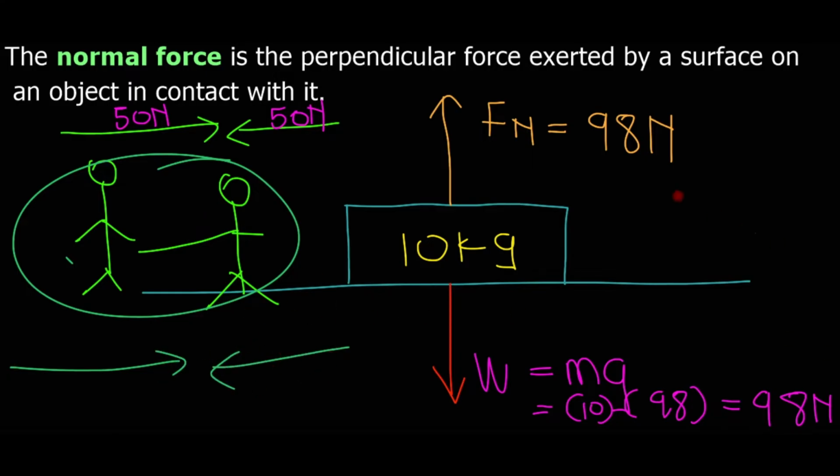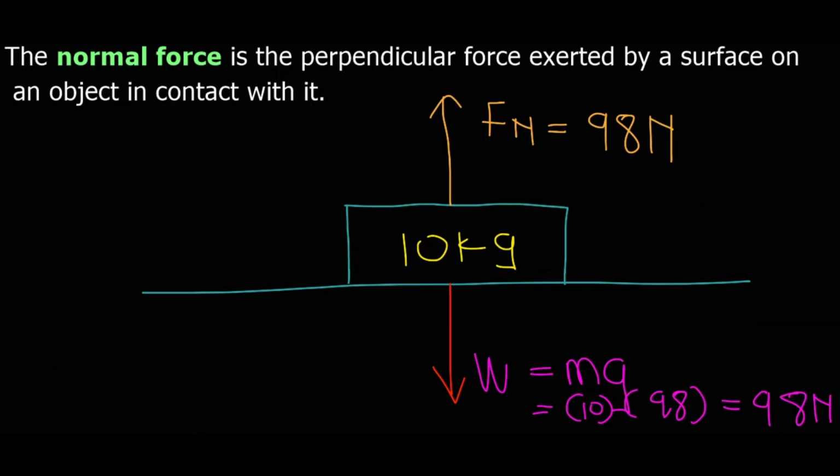Now in this situation, the normal force acts vertically, and then there is a downward force, which is the weight. For this reason, the upward and the downward forces are balanced.